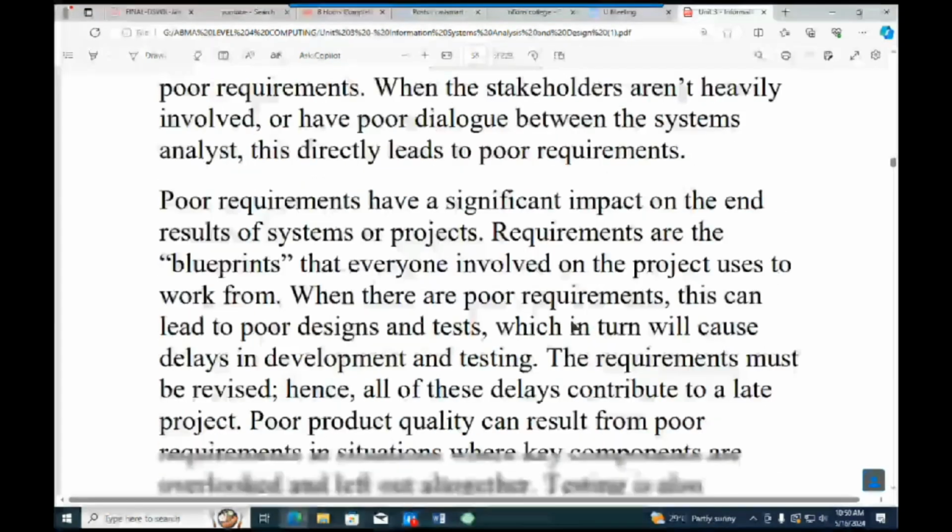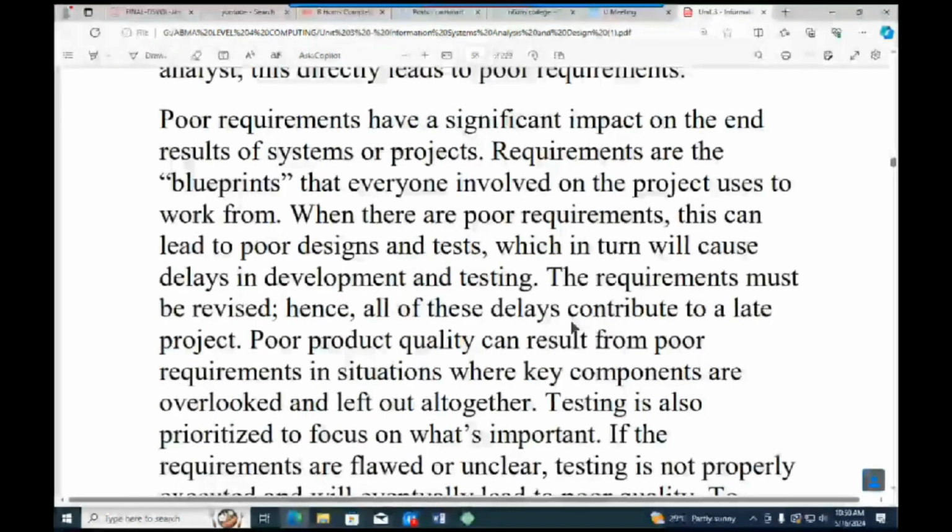and that is going to lead to poor requirements. Now, if you have poor requirements, you need to understand what they can do to the end results of a system or a project. The requirements act as a blueprint for the project.